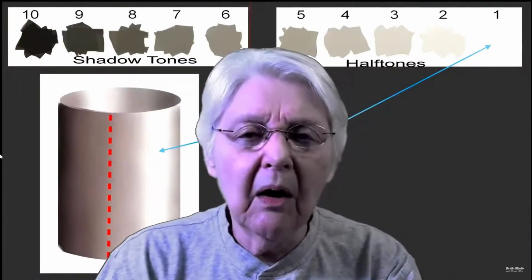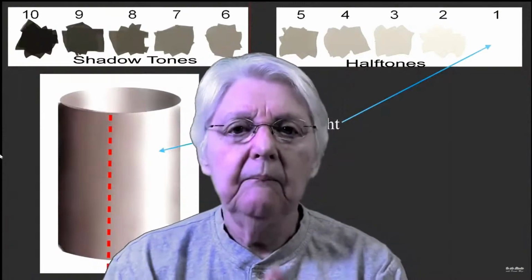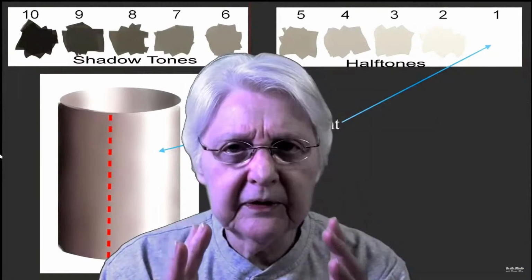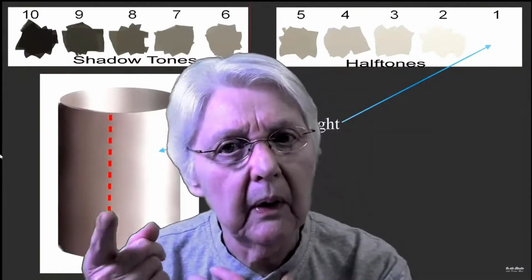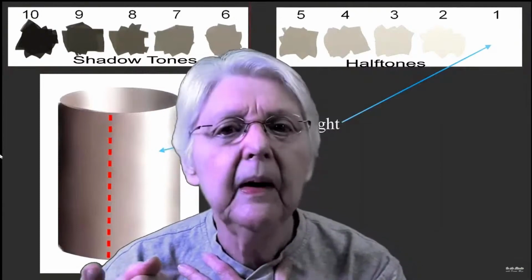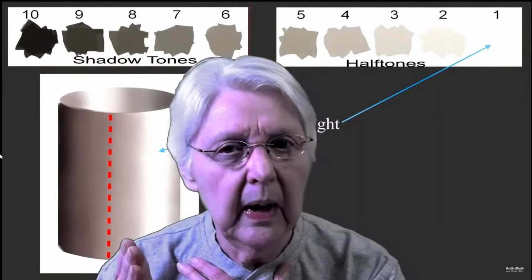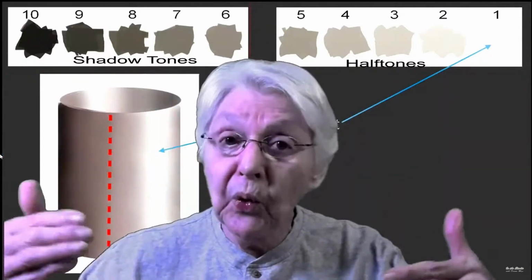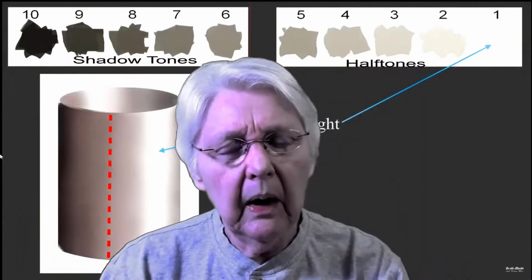We have what we call observation and we have what we call interpretation. Now, I don't want to confuse you about that. This is about observation. It's learning how to observe what you see in front of you. Then artists also have interpretation. And interpretation is taking what you see in front of you and reinterpreting it maybe a little bit differently.